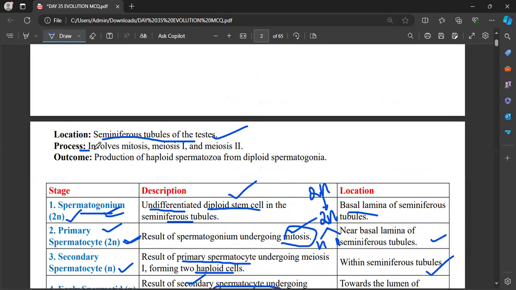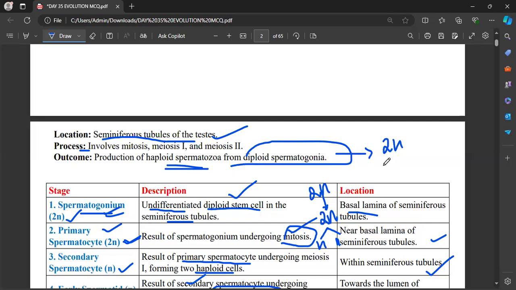And what will be the result of spermatogenesis? Here we produce spermatozoa, which are haploid in nature. We get this haploid sperm from the diploid spermatogonia. From the diploid spermatogonia, through mitosis, we get a primary spermatocyte, which is also diploid in nature.